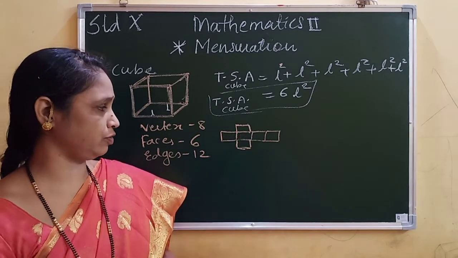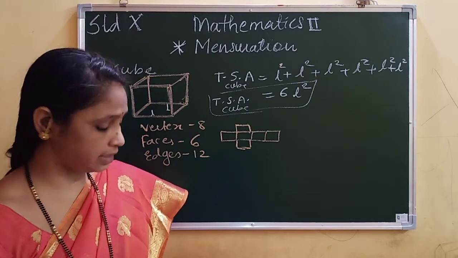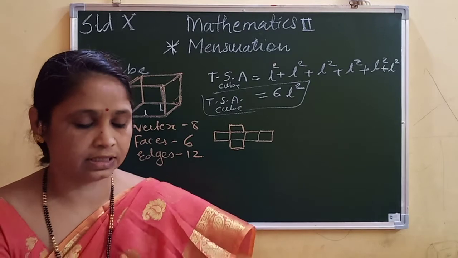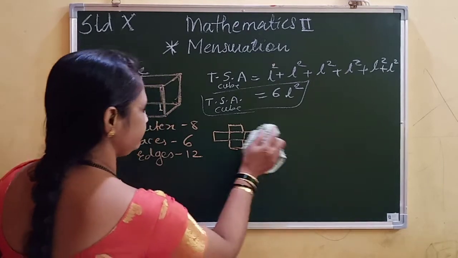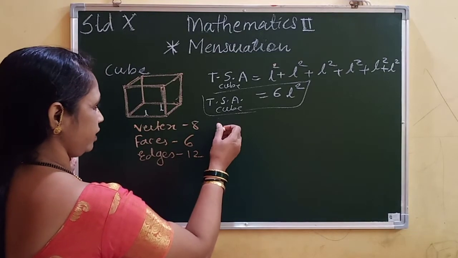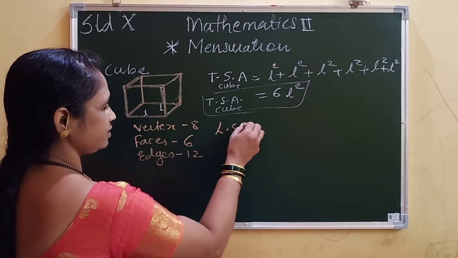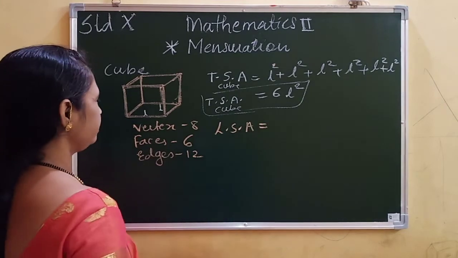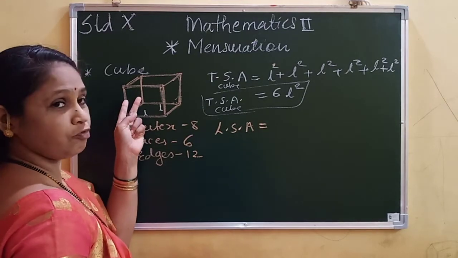Now we have to find the lateral surface area, meaning the vertical surface area. How many surfaces do you have? 4 surfaces.